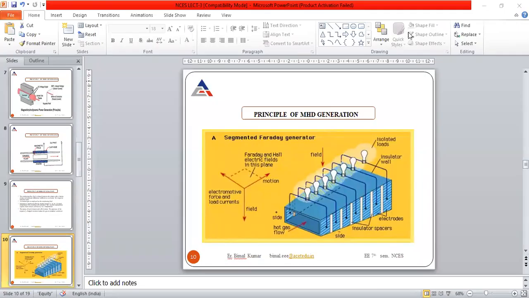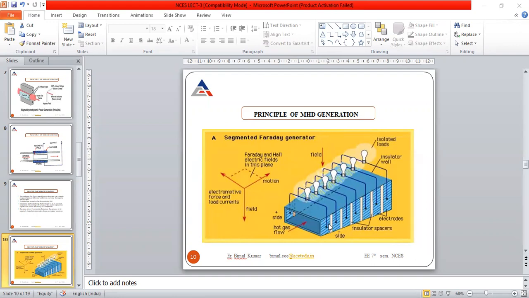Now see here, what will happen in this case? You can see that there are a number of electrodes, right? This is the channel through which the ionized gas or fluid will pass, and these are the different electrodes placed at definite intervals and distances.